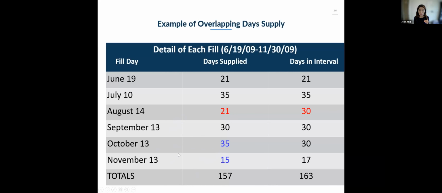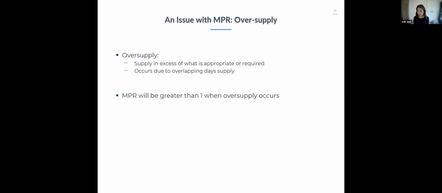However, because there was some left over here, it was filling up during this one. In reality, that cannot happen, right? So there is a possibility of overestimating drug adherence. Usually we don't know, but what you actually end up realizing this issue from is that you have an MPR greater than 1.